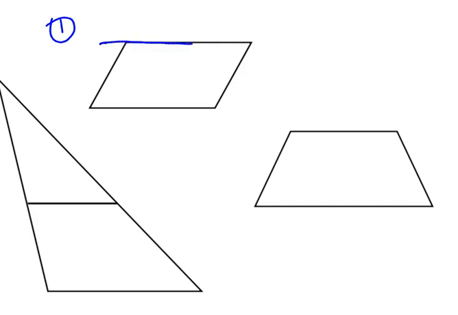So let's start with this one as our parallel side. That would make this line our transversal. What kind of angles then are this one and this one? They're co-interior. And what do you know about co-interior angles when you have parallel lines?